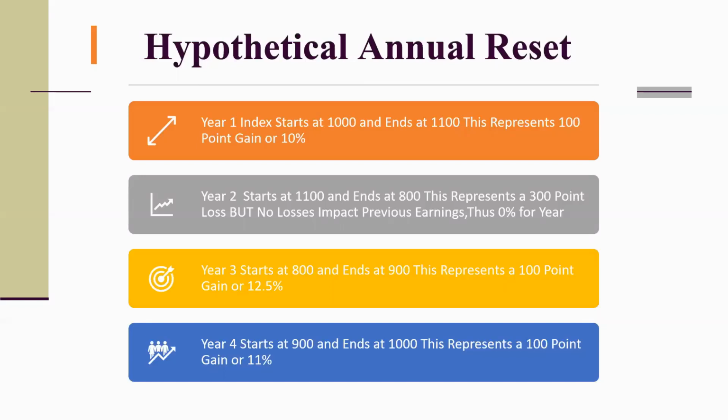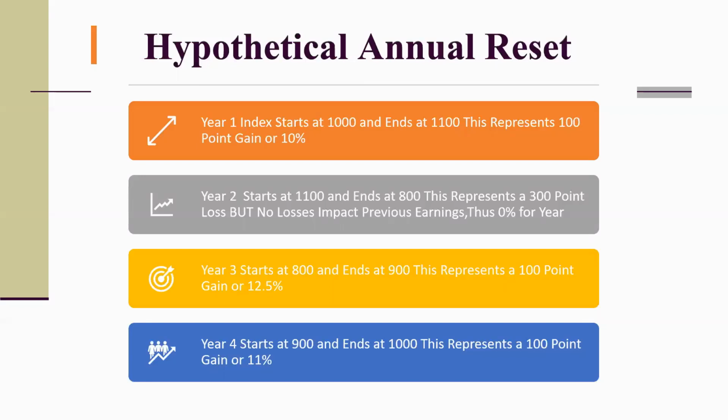Now, in year 3, this is where it gets interesting. Your starting value is not at 1,100, but 800. So you have a new lower starting value. So you are now able to begin much earlier than you would have been had you been invested in a market-based investment where you had to recover past losses before you start enjoying future gains.